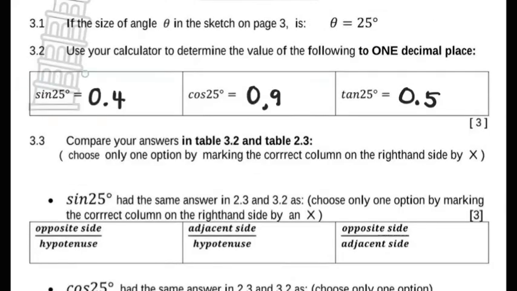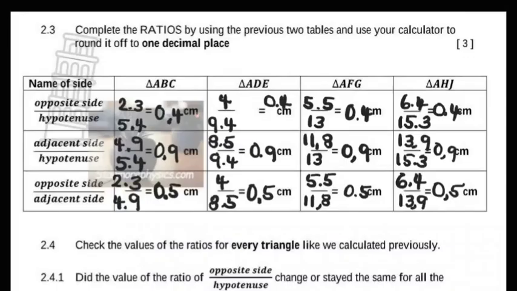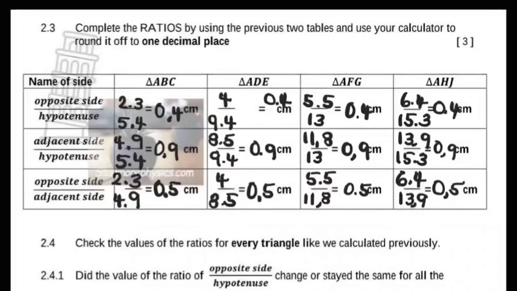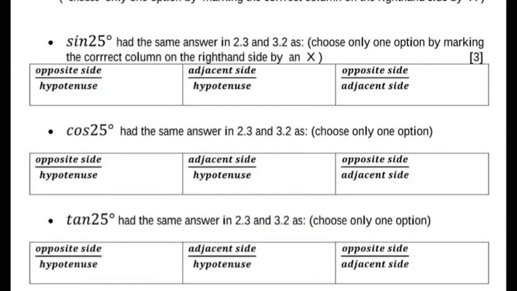So in 3.2, sine 25 was 0.4. And when we go up to 2.3, which is this table, 0.4 was the same thing as opposite over hypotenuse, meaning that we are going to put an X next to opposite over hypotenuse to indicate that is what sine 25 matched.